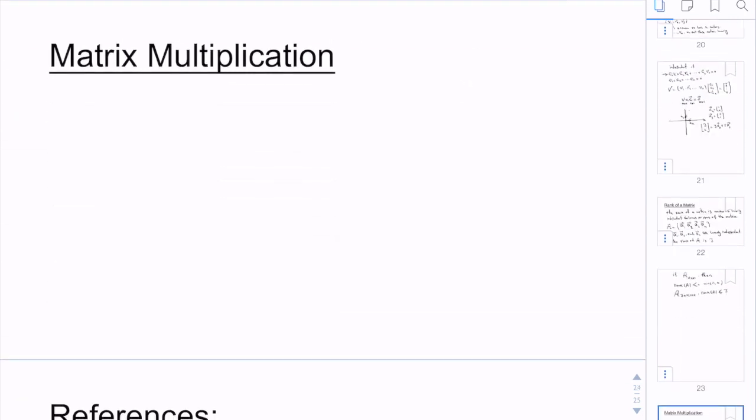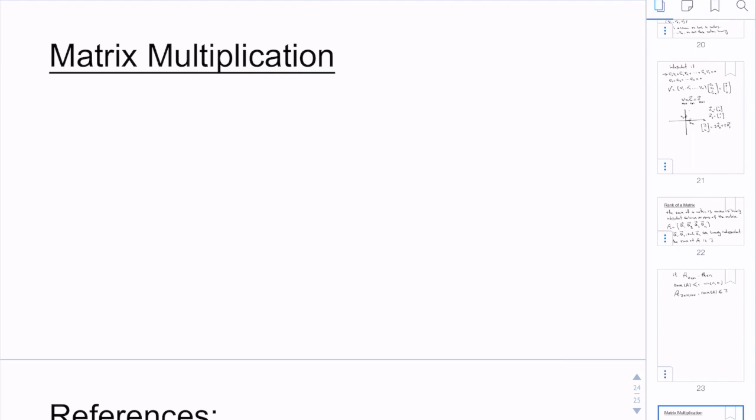And finally, I would like to talk about matrix multiplication. Probably you all have so far multiplied two matrices, and you know how the process takes place.